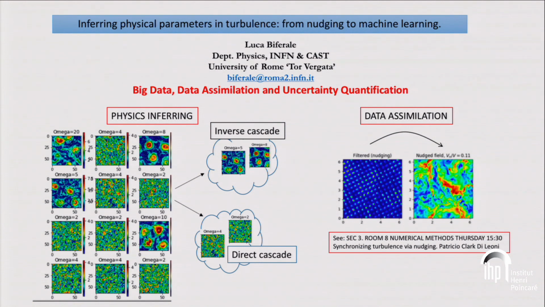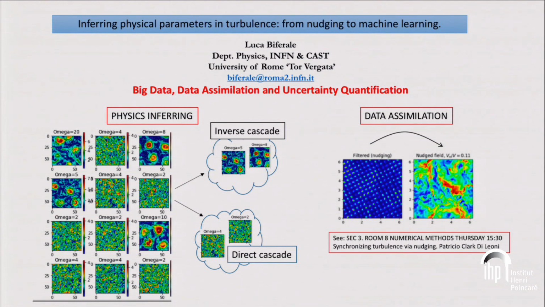The only difference is the rotation rate. Some are very similar, even though the rotation rate is slightly different, like in this case, rotation rate 5, rotation rate 10. And you would like to understand if there is a simple way to infer this parameter just looking at the image, so to understand the underlying physics just from the image.